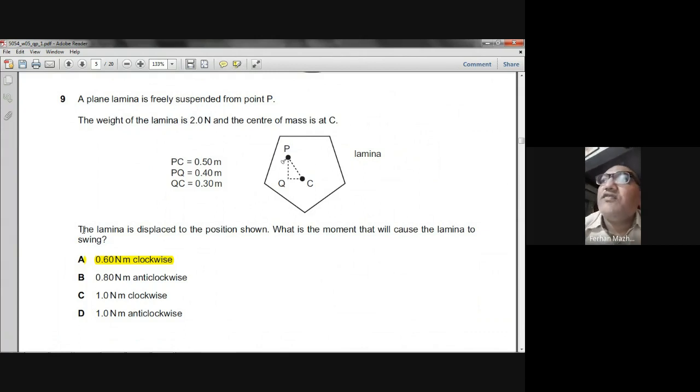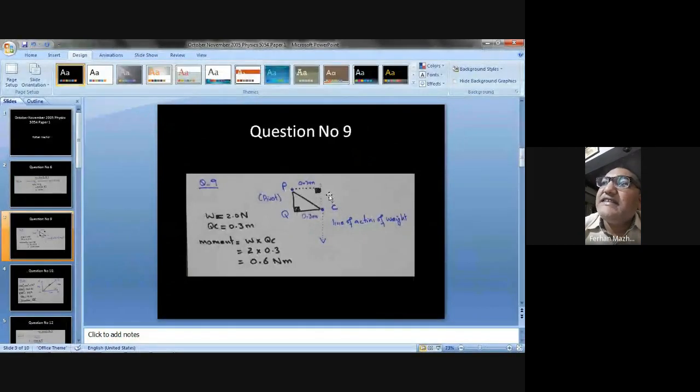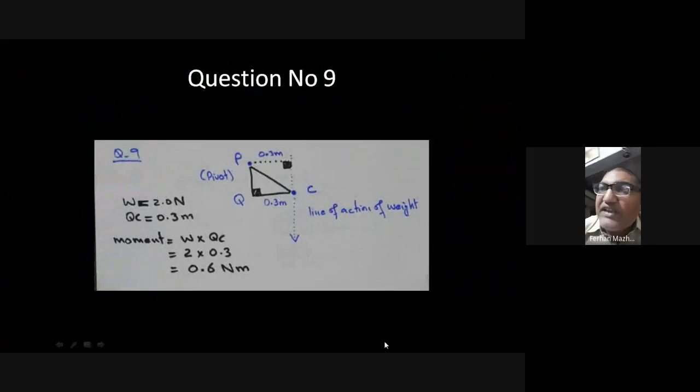So, for example, this is that line of action of the weight. This is the pivot, the nail there. This is the perpendicular distance, which is 0.3 meter. The weight value is 2 newtons. So simply multiply them. That will give you the moment produced by this weight in that lamina.